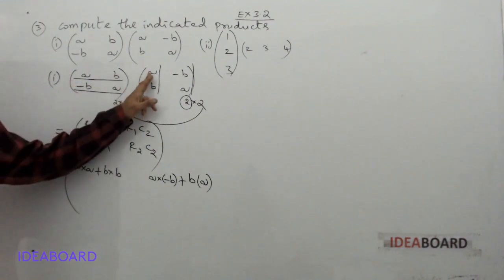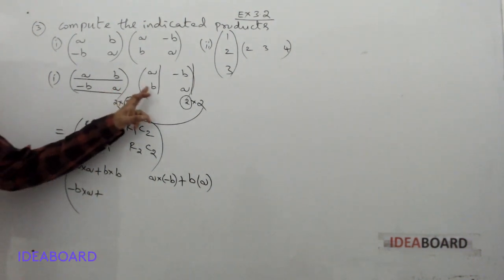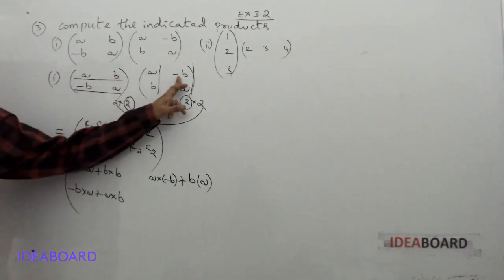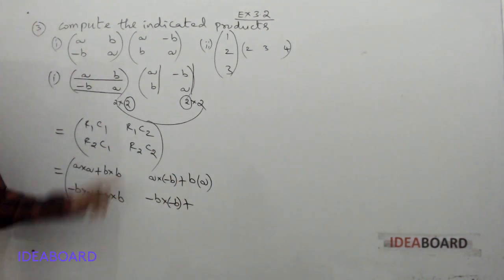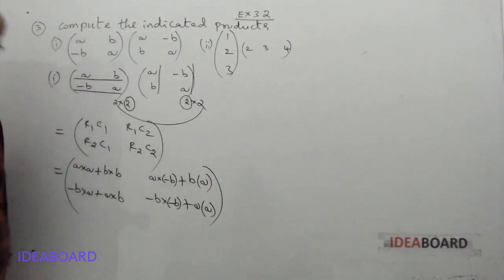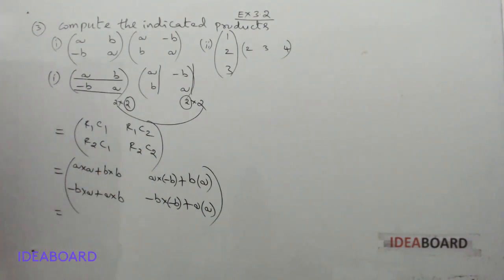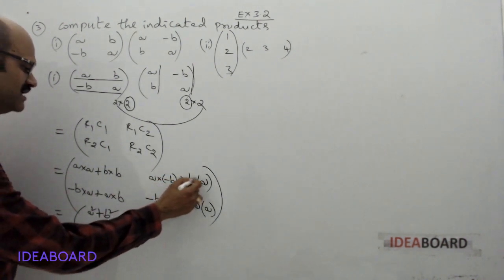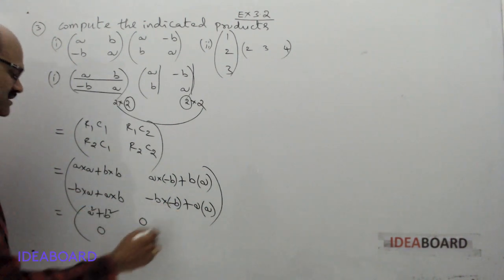So minus B into A plus A into B. Then minus B into minus B plus A into A. It implies we get the matrix A square plus B square, minus AB plus AB which is 0, minus AB plus AB which is 0, B square plus A square.